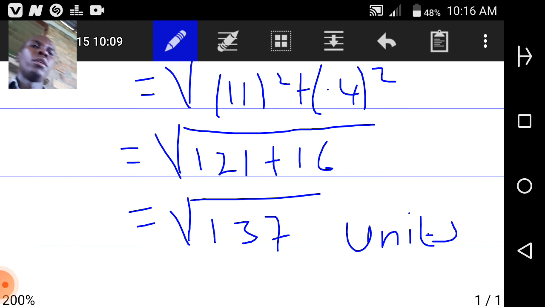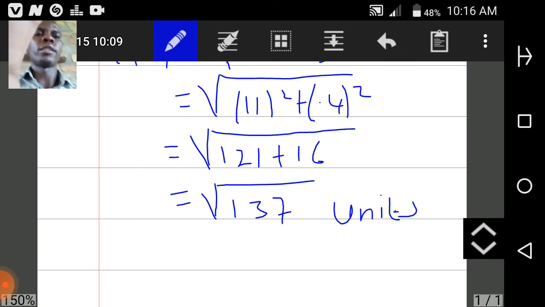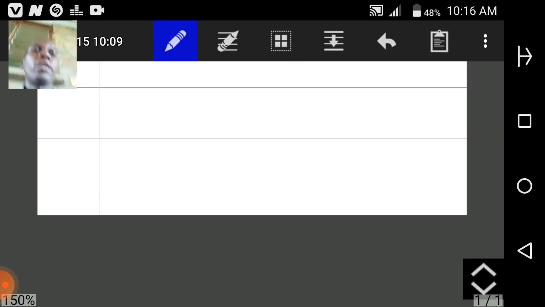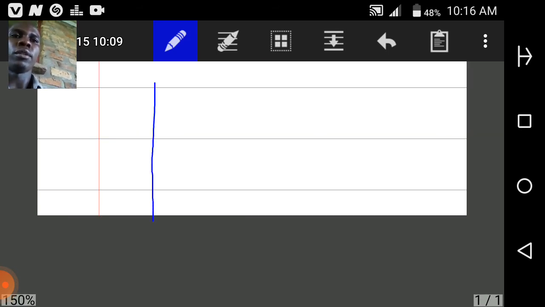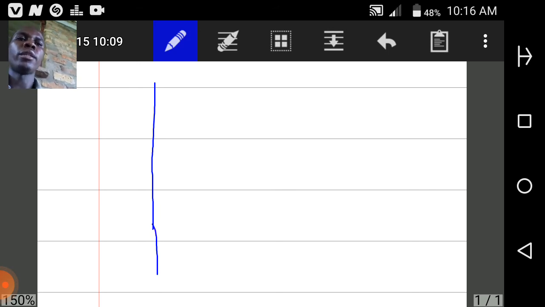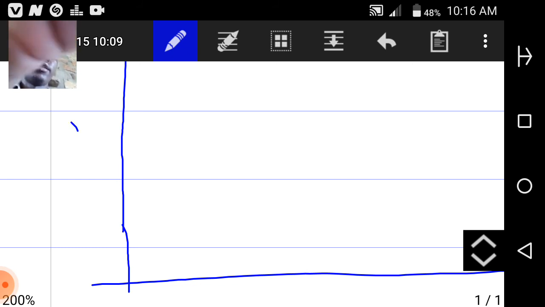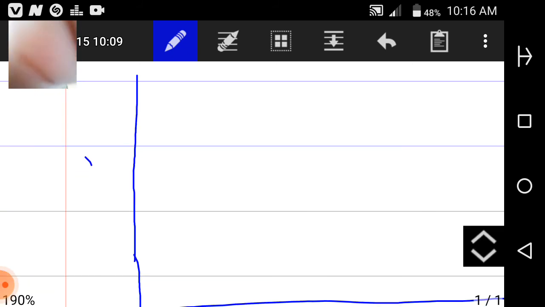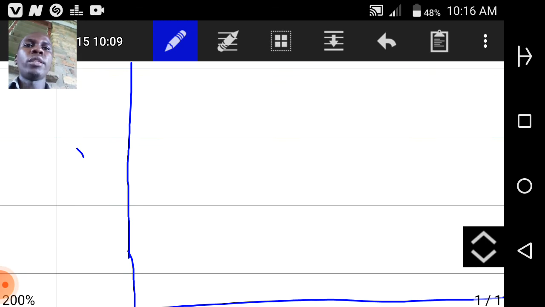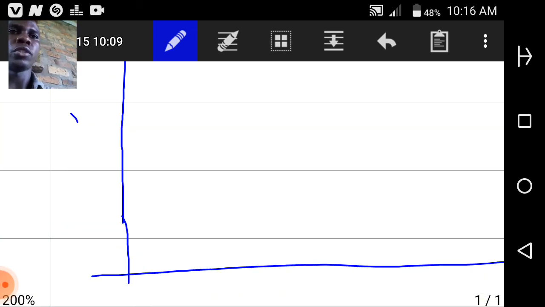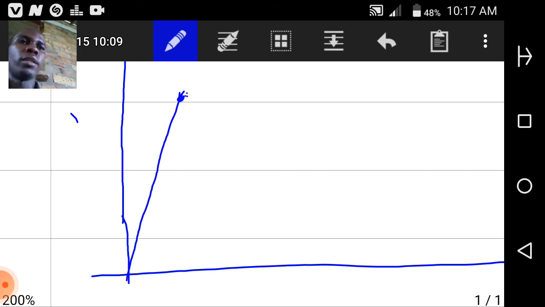Since we don't have units, we can conclude by saying it's units. Okay, so they said that S is the midpoint of QR. Let us sketch our diagram here to find our S. Assuming this is my Q, I will move from this point, and assuming this is my R, which is going to be here.